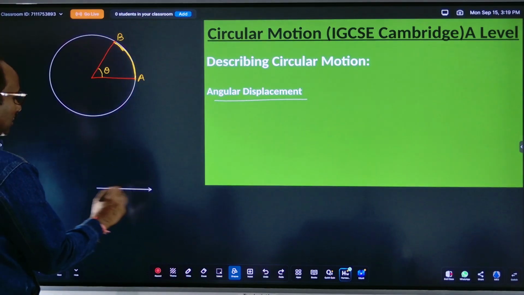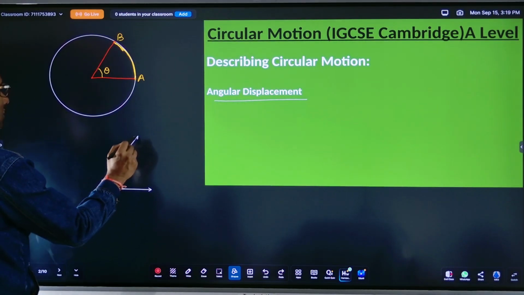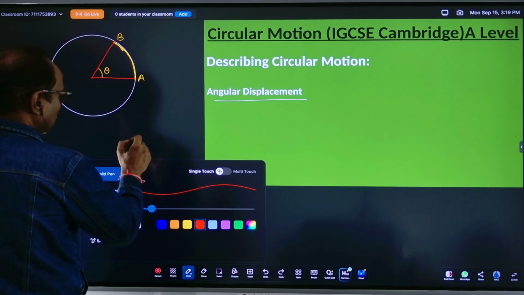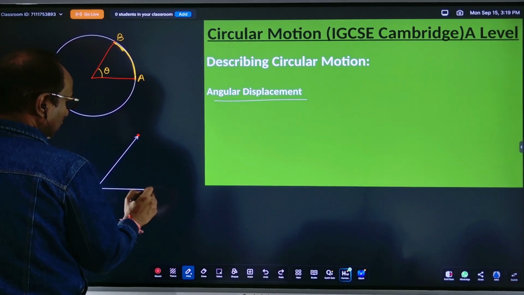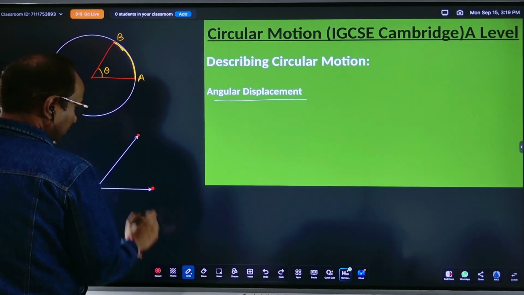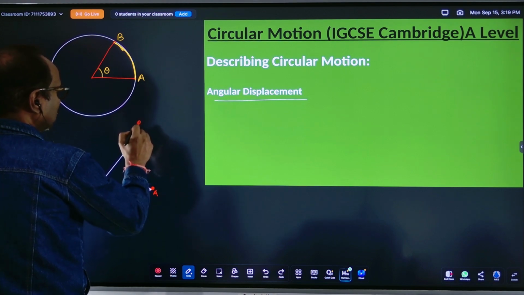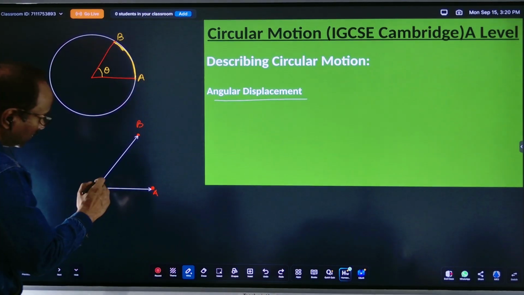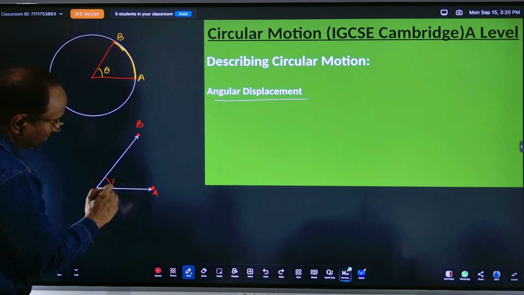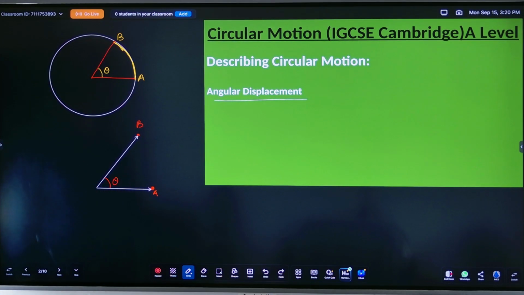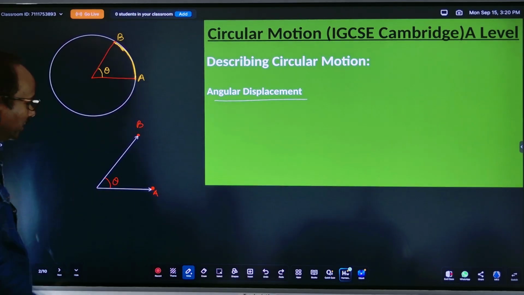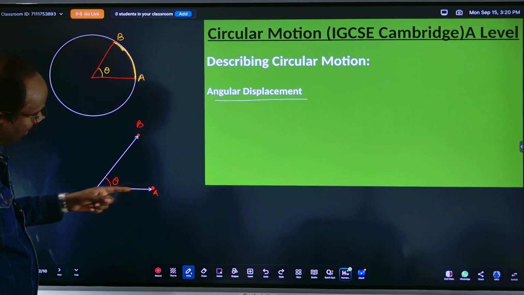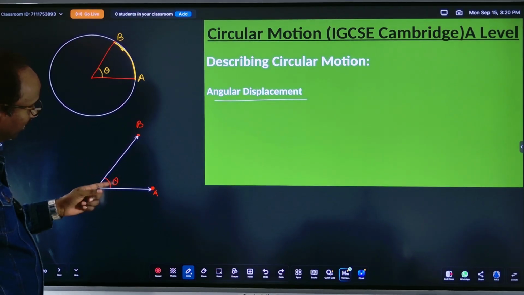Even if the particle, suppose initially it was at A and now it is at B, and these two lines are inclined to each other by theta angle, so we can say that this particle has an angular displacement of theta.